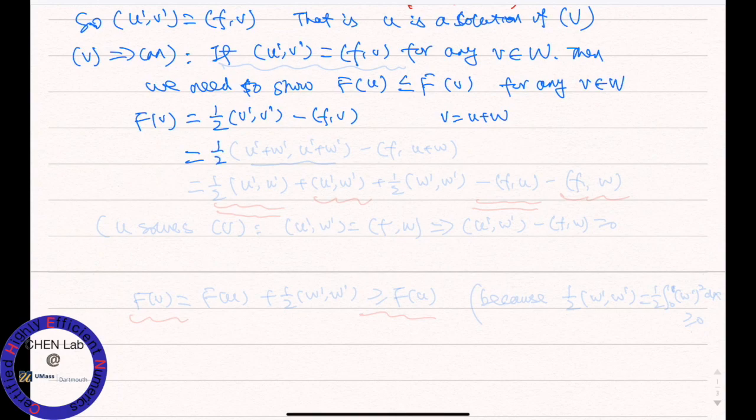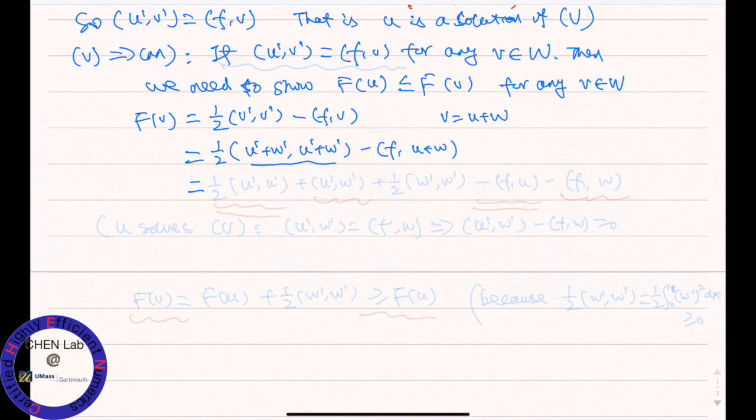We have 1/2. The parentheses again means integration. So it's parenthesis u prime plus w prime, u prime plus w prime, minus parenthesis f, u plus w. And by rewriting this, we know this is the square, and we integrate.